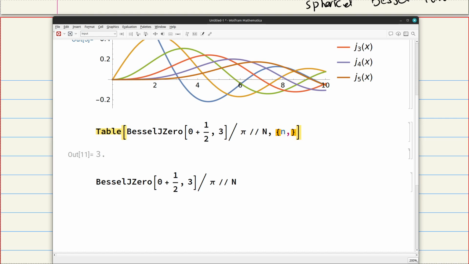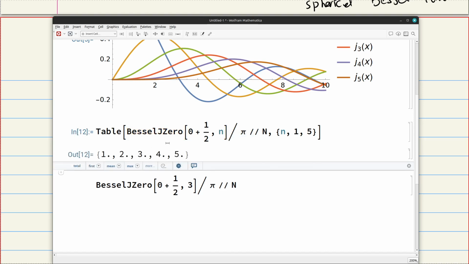I'll choose n from 1 to, I don't know, 5. So this is going to give me first 5 zeros of 0th Bessel function, which should be pi, 2 pi, 3 pi, right? And since I'm dividing by pi, I should have 1, 2, 3, 4, and so on. So that's what it is.